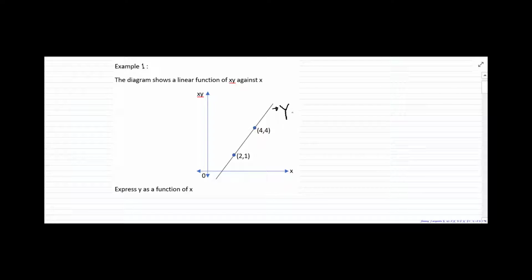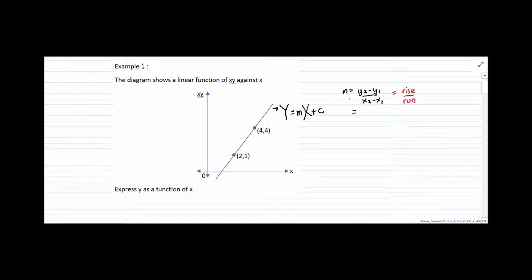We put capital Y equals m capital X plus c. To find this equation, we first have to find the gradient. Do you remember the formula for the gradient? Gradient equals (y2 minus y1) over (x2 minus x1), or you can use rise over run also.